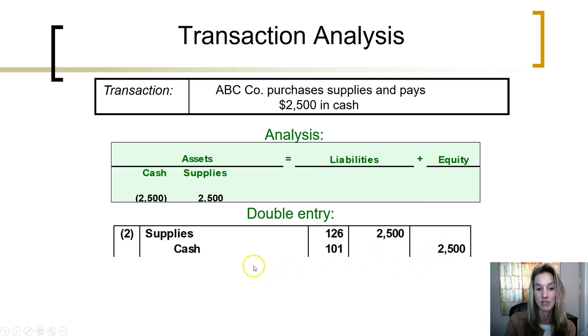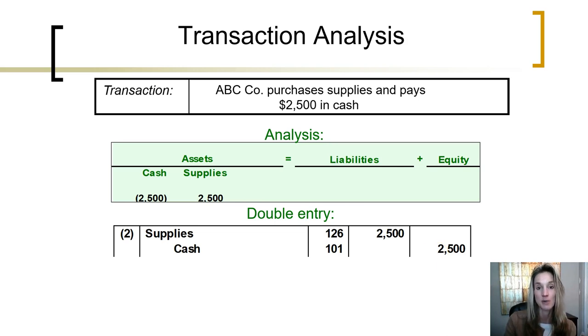Properly formatted journal entry. Account being debited first, followed by the account being credited, indented. At least one account is debited. At least one account is credited. Total dollar amount of debits equal total dollar amount of credits.